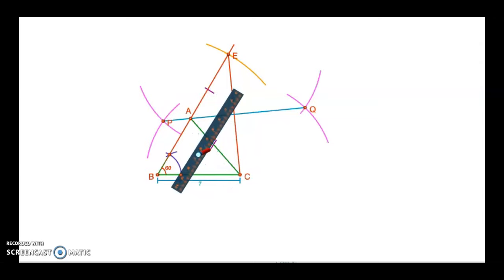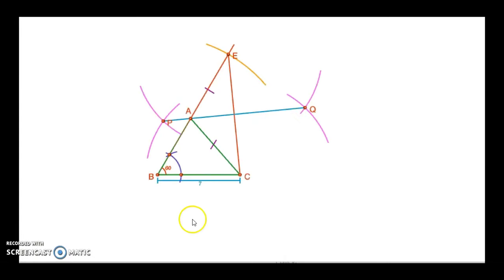Now, the last task is to see how AB plus AC is 12 centimeters. Just look at the perpendicular bisector PQ, children. We know that any point that lies on this perpendicular bisector of the line segment EC will be at equal distance from its endpoints.